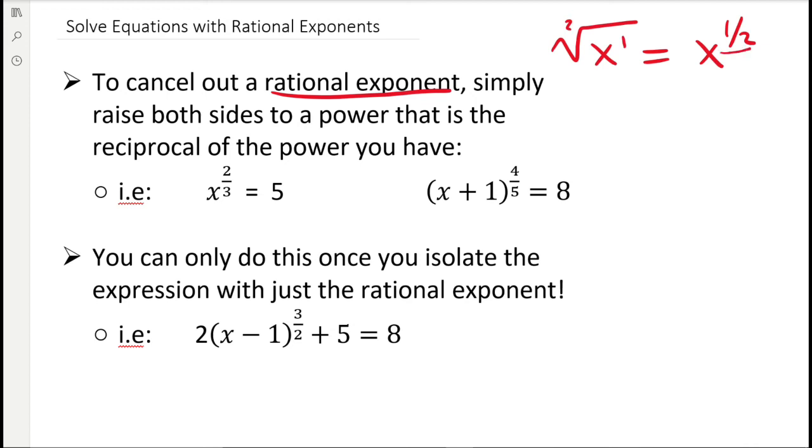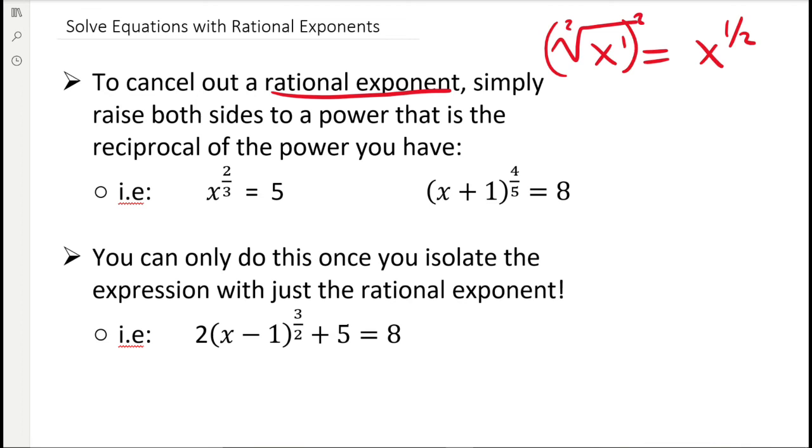So if I got a rational exponent, I can solve it just the way that I would solve a square root or a radical equation. But the way to do this is to simply raise both sides to the power of the reciprocal of the power that you have. So for example, if I want to get rid of this square root, I would square both sides, right?